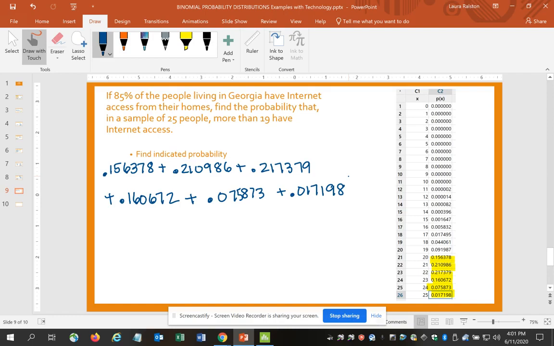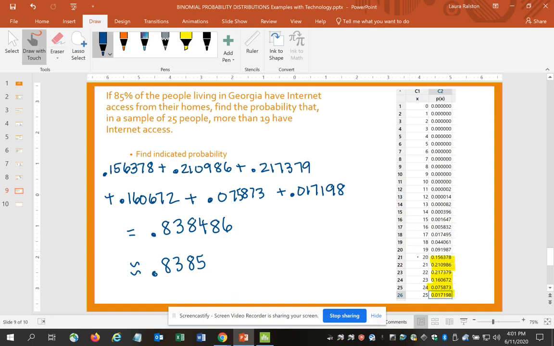Okay, and I get a value of 0.83. So this equals 0.838486, rounding to 4 places. That would be 0.8385. So about an 83 to 84% chance that more than 19 homes have internet access.